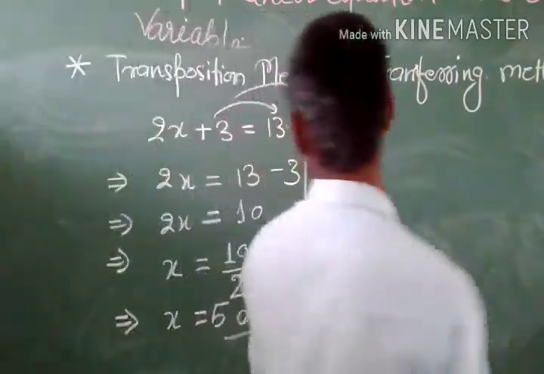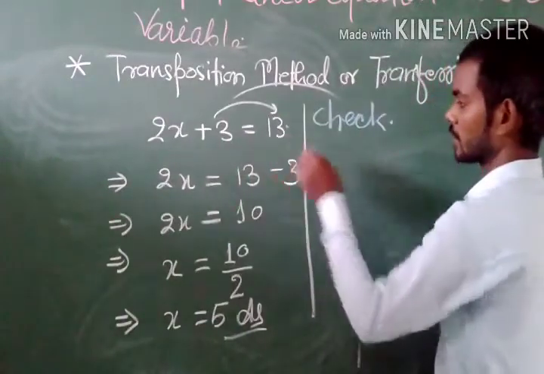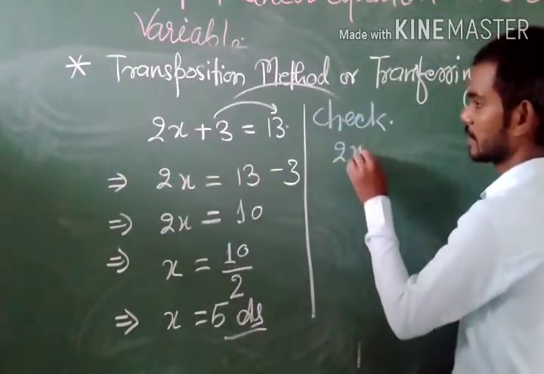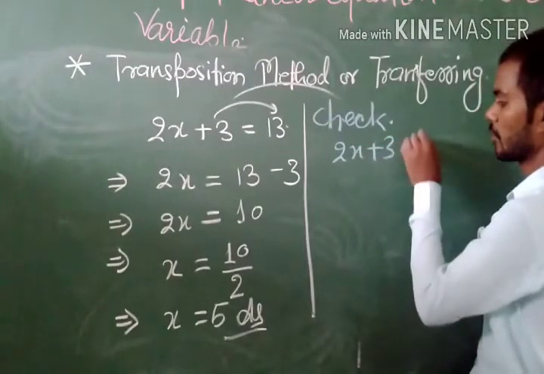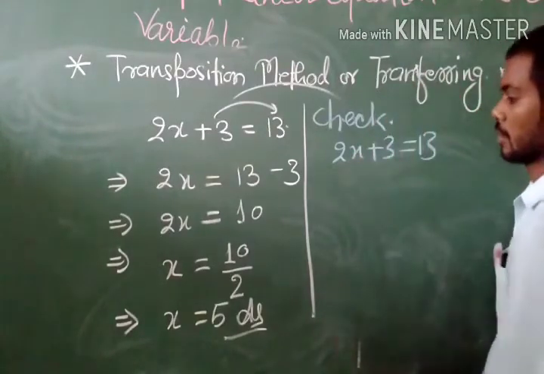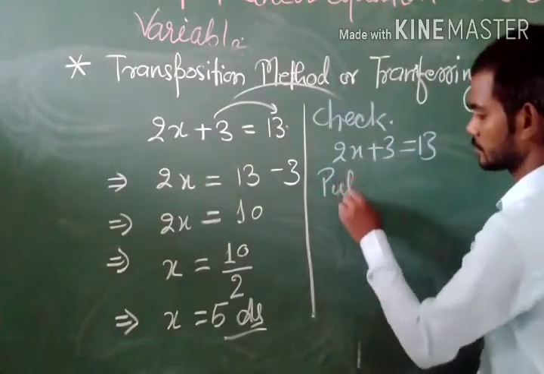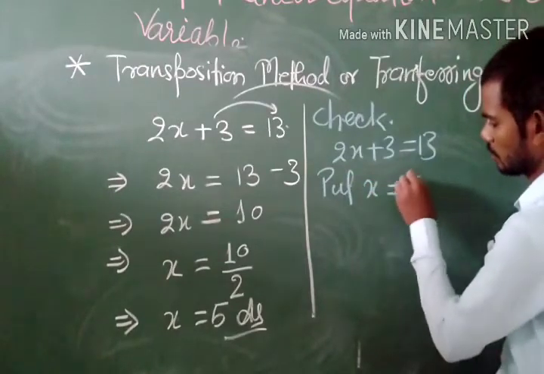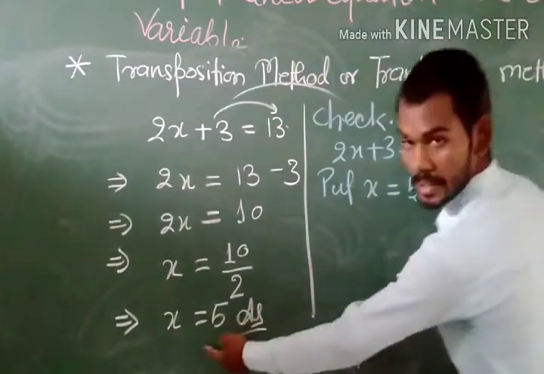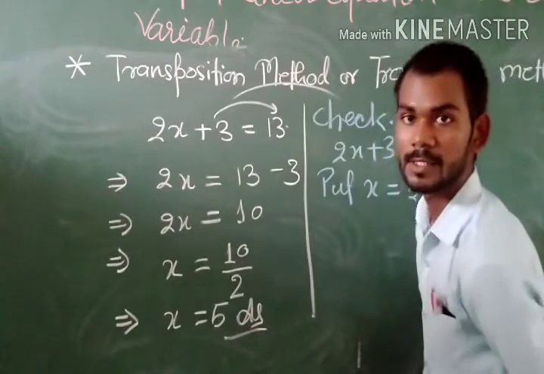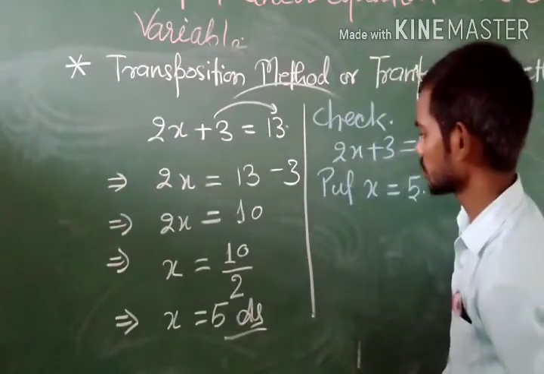So let us see, the given equation is 2x plus 3 is equal to 13. Put x is equal to 5. x is equal to 5 is the solution of the given question.